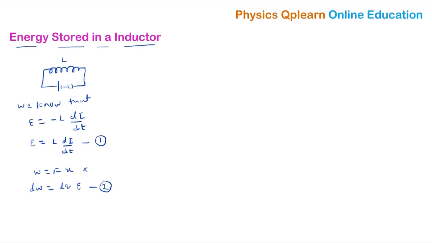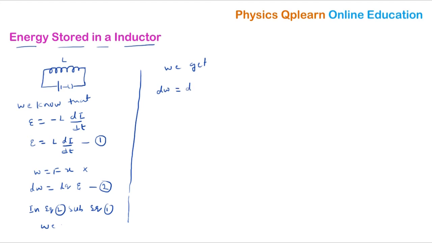Now just substitute equation 1 in equation 2. So what do we get? Work done, the small amount, dW is equal to dQ, let it be as it is.